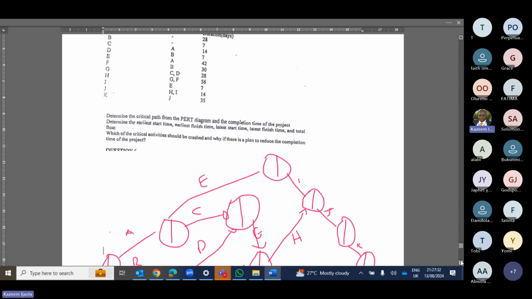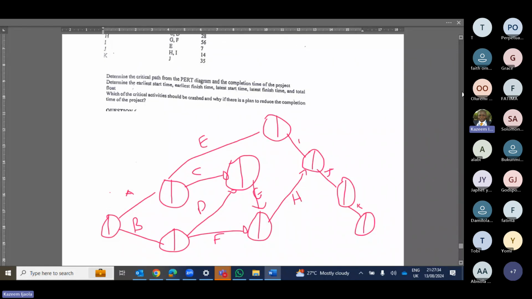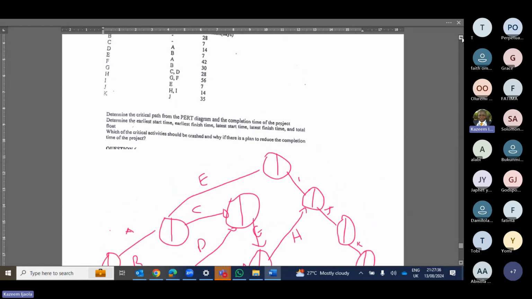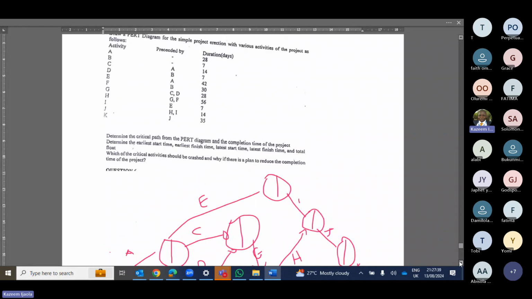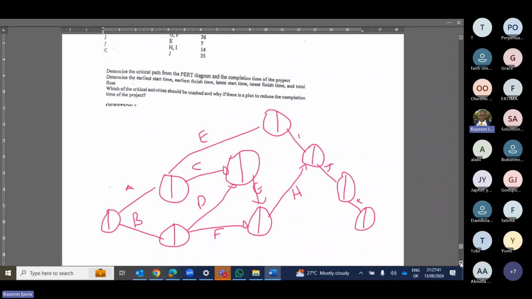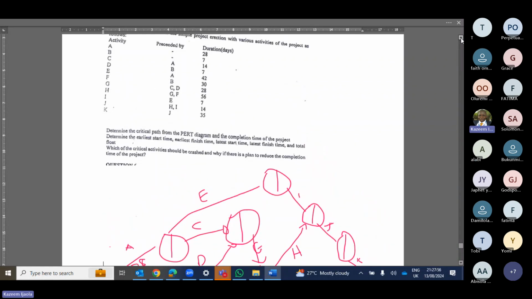So our A is 28, and B is 7. What about C? C is 14, and D is 7.